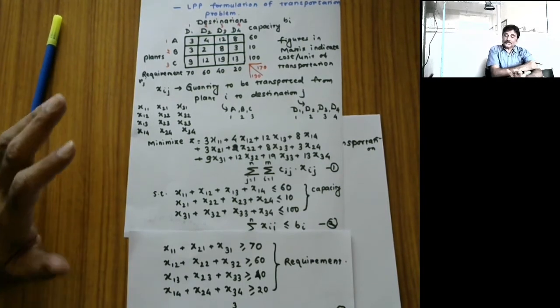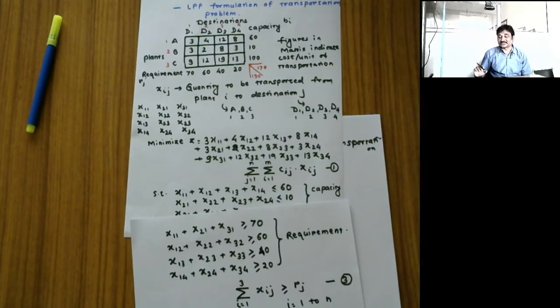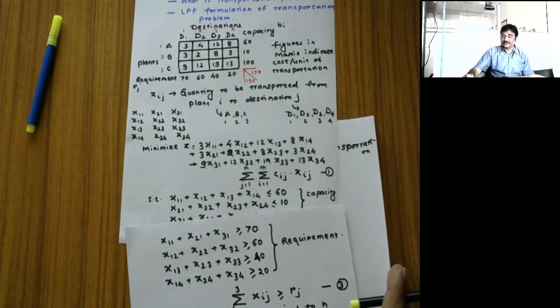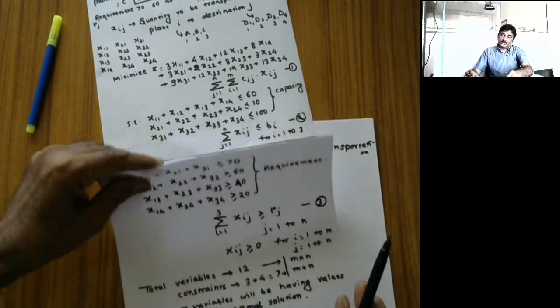After balancing, all the constraints are of equality type. There are a total of m into n variables and m plus n constraints in a balanced problem, out of which m plus n minus 1 constraints are important.